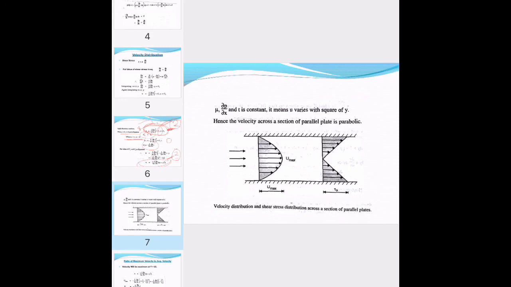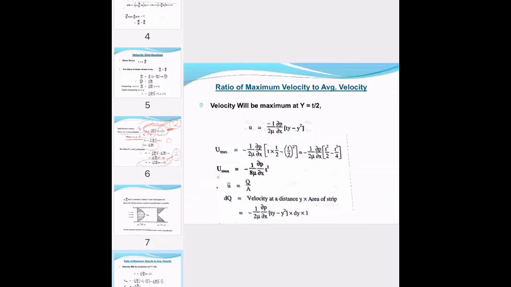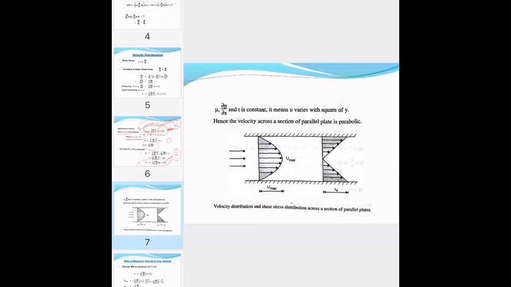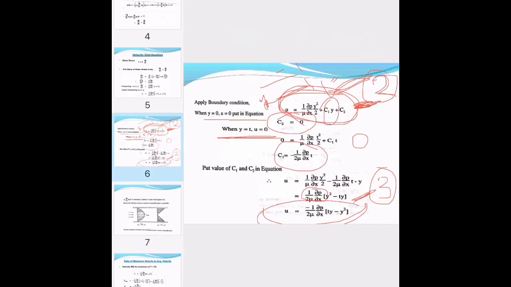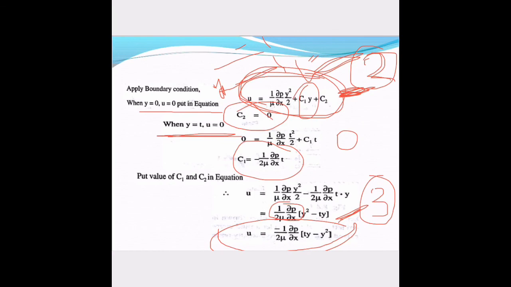So ultimately you have got equation 3. Mark that equation as equation number 3: u equal to -1 by 2 mu del p by del x into ty minus y square. Now we are going to discuss some interesting facts, that is velocity distribution and after that shear stress distribution.